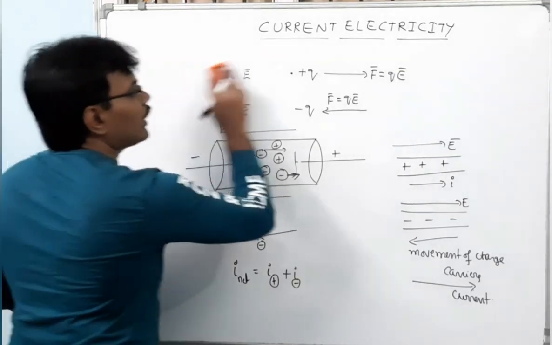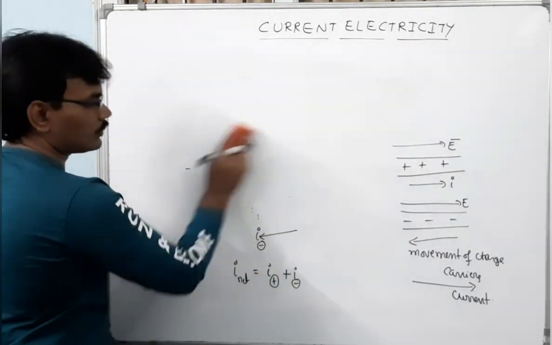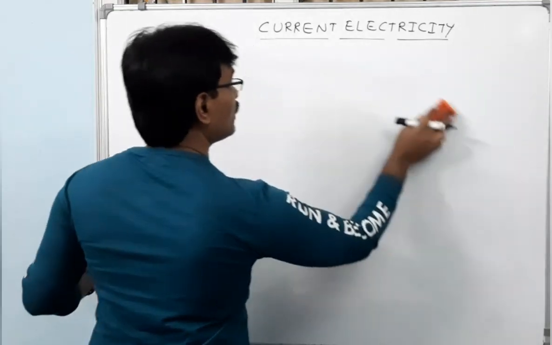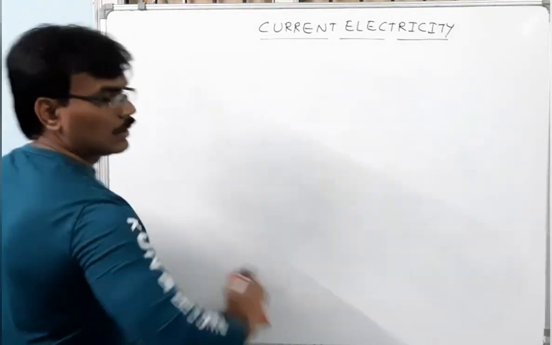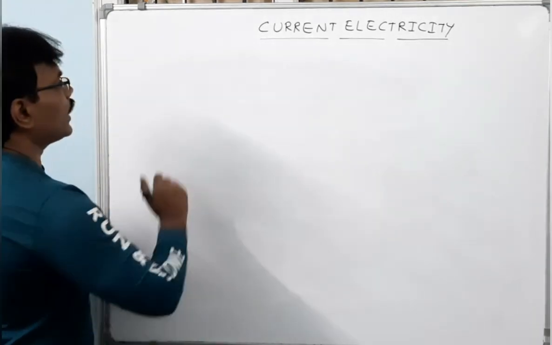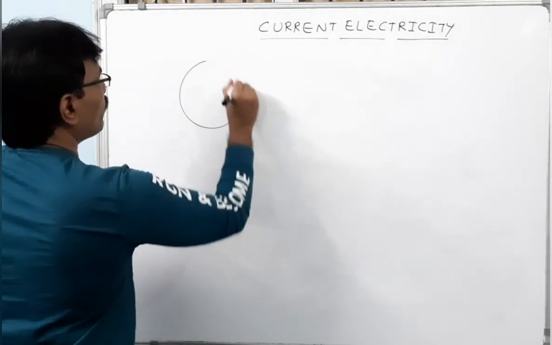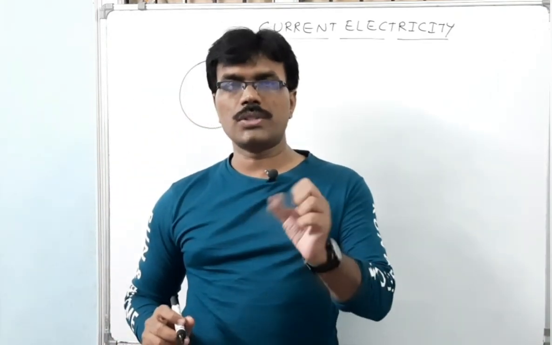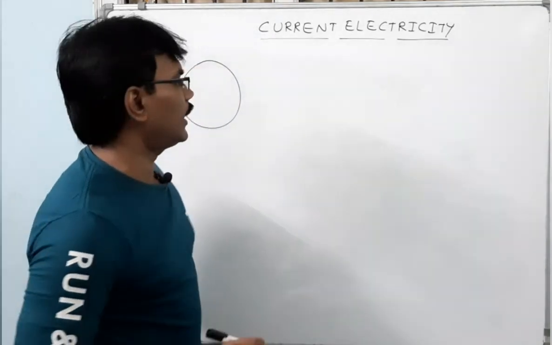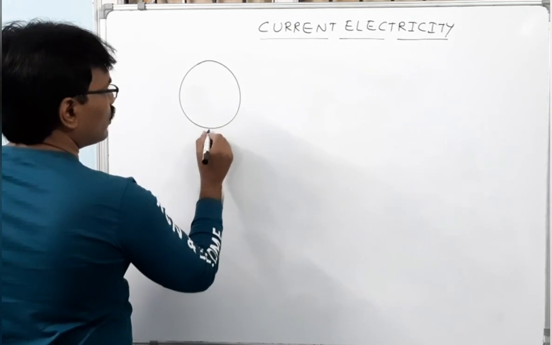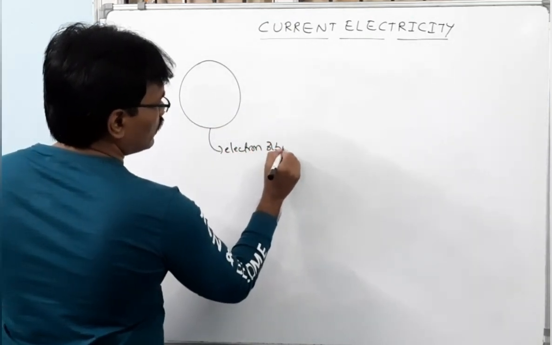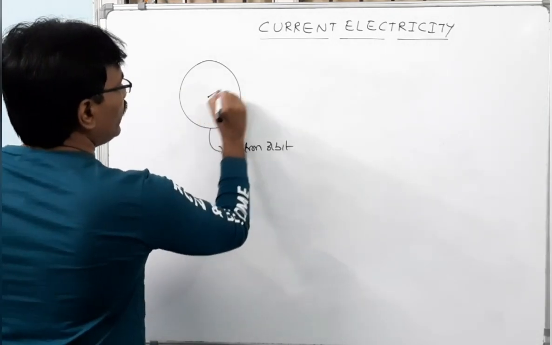Okay, now let us see one more concept. Suppose you take an electron moving in an atomic orbit; it also gives rise to electric current. For example, this is an electron orbit of radius r.